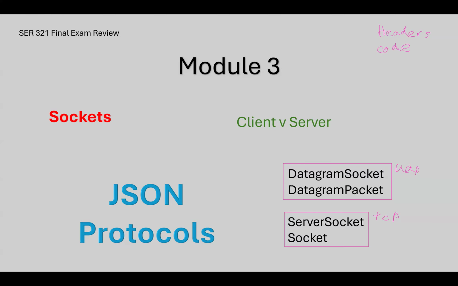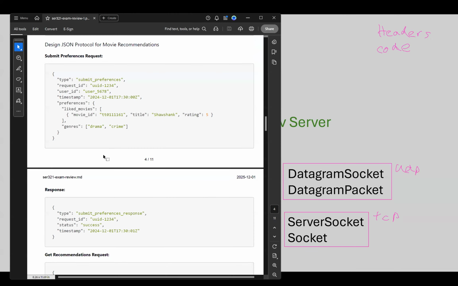Actually, here's a JSON protocol right here. It's very likely that at some part, probably at the end of the test, they'll give you a scenario, and you'll probably have to build a simple protocol that could handle it. You don't have to get crazy with it and do some enormous thing, but it should at least make sense.